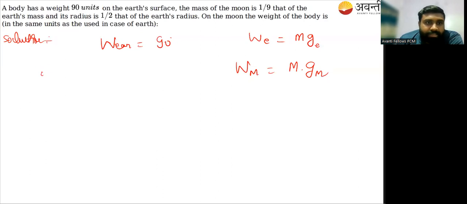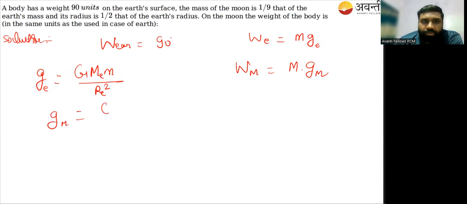Now we know that gravity is given by G M divided by r square. So here you can say this is the gravity of Earth: G M_E over R_E square. If you want to calculate the gravity of the moon, it will be G mass of moon divided by radius of moon square.